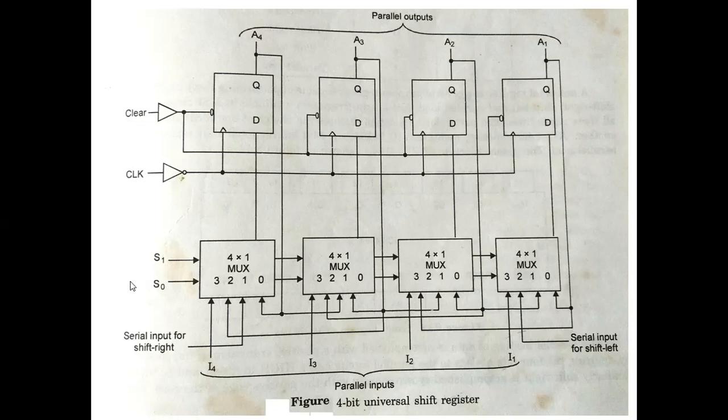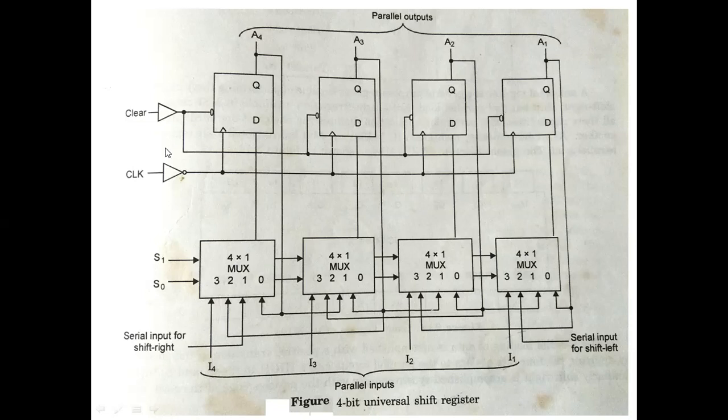Now the last one is 1, 1. When the select lines are 1, 1, the D3 of all the multiplexers will be active. So whatever the inputs are at D3 of all the multiplexers, I1, I2, I3, I4, that will be taken out from the four multiplexers, and that acts as the input for all the D flip flops.